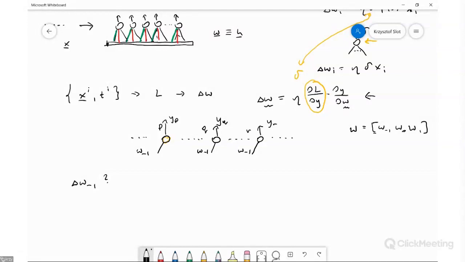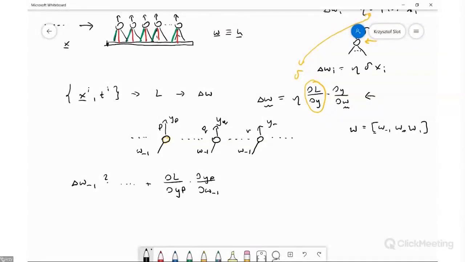So if I would like to tell what the error is that is caused by an inappropriate value of the weight W-1, I will need to say that this will be an expression that contains several components. This will be the derivative of the loss with respect to YP times the derivative of YP with respect to W-1.